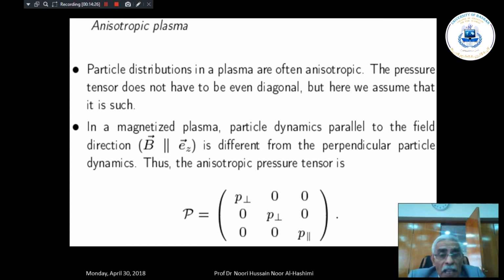In a magnetized plasma, particle dynamics parallel to the field direction, B parallel to e_z, is different from the perpendicular particle dynamics.